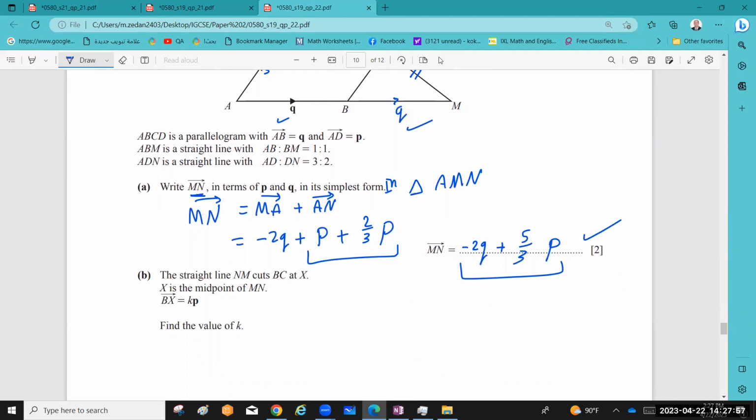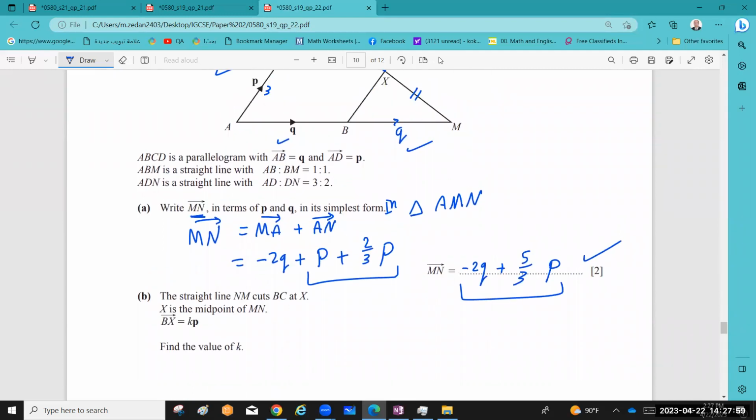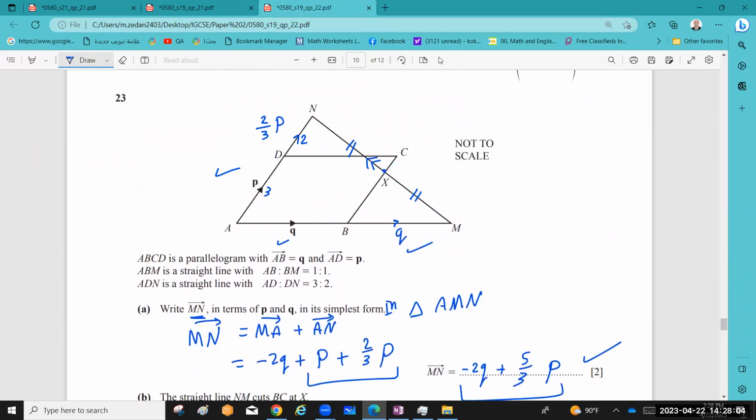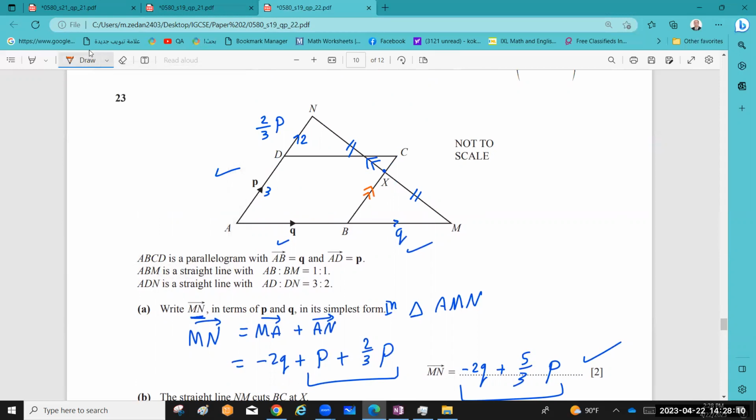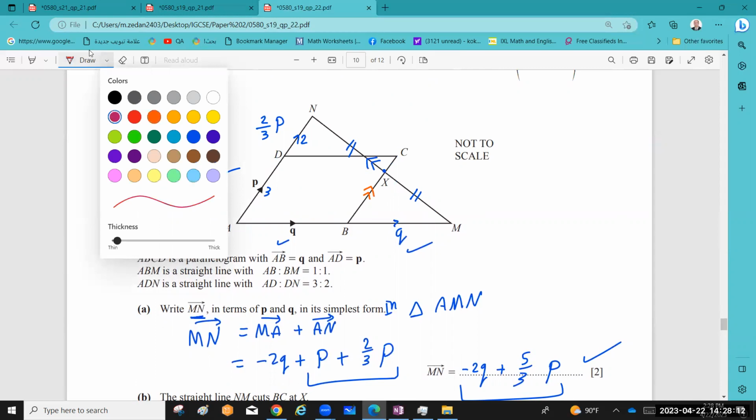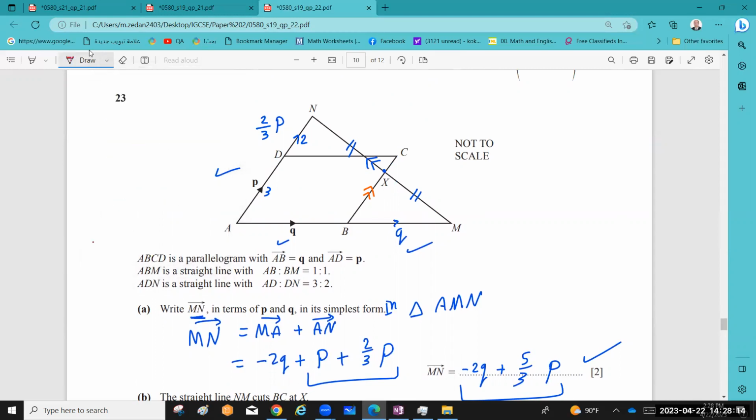BX is K P. I'd like to find the BX vector. Let me draw it in red, a little bit dark red. This vector BX, simply look at this triangle.